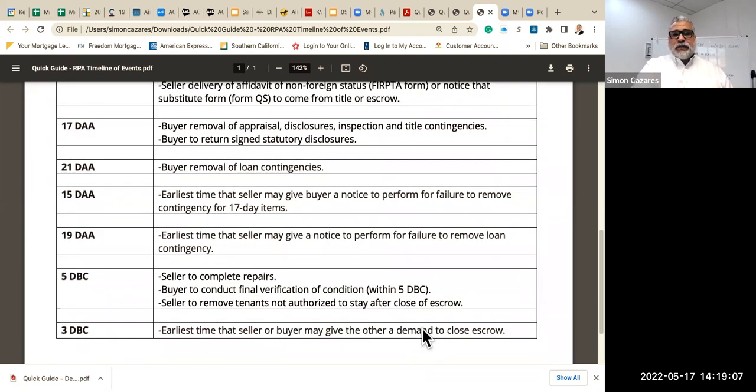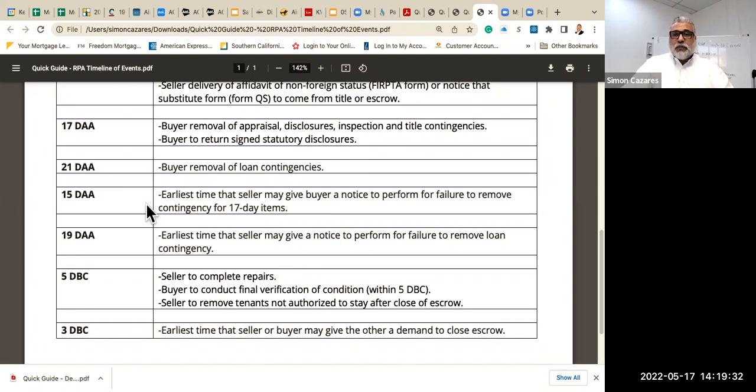15 days after acceptance is the earliest time that the seller may give the buyer a notice to perform for failure to remove contingencies within that 17 days. So this is where it gets pretty interesting, where you want to be proactive, right? You want to be engaged in making sure that the buyer is on track to release the contingencies.